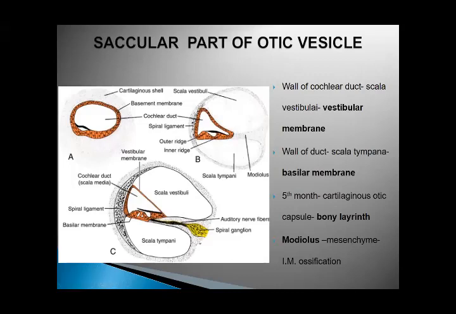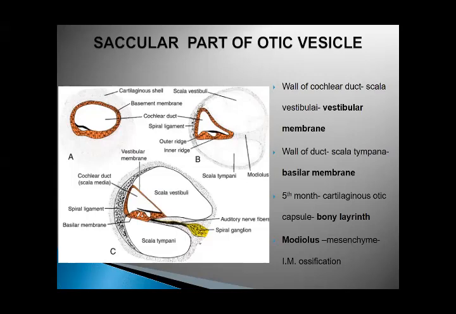ओके जी, अब ये जो है ना, the wall of the cochlear duct between the scala vestibuli and the cochlear duct, ये जो wall है cochlear duct की, which is present between the scala vestibuli and the cochlear duct, this wall is called vestibular membrane. ठीक है?